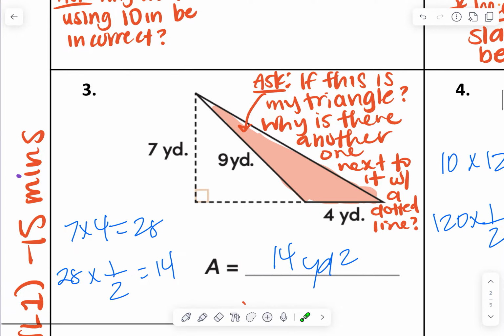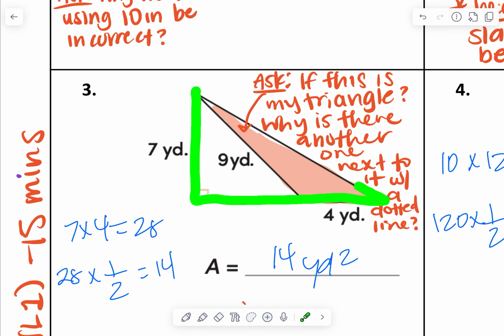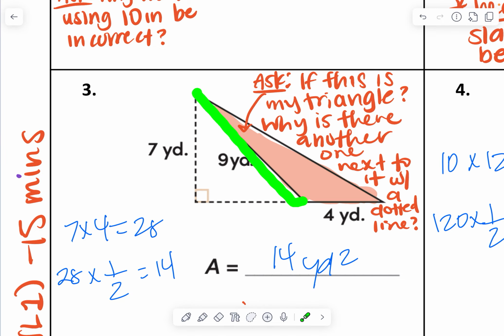And then the last question that you are going to model is this one, which is a very challenging looking question for kids. Students may view this entire green portion as their triangle. Some students may think they need to find the value of this. Some students may think they need to find the value of this.